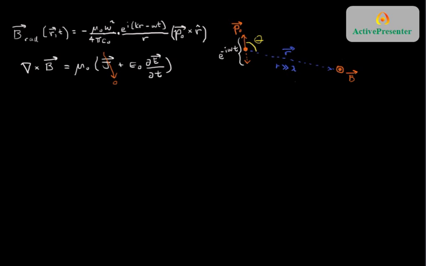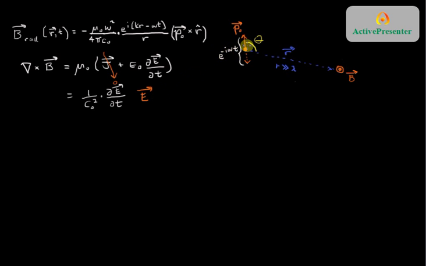So that immediately gives us mu naught times epsilon naught, which I can write as 1 over the speed of light in vacuum squared, times dE dt. So already we've gotten things a little bit simpler. And then we note that the electric field oscillates in time just according to e to the minus i omega t, like everything else in this problem.